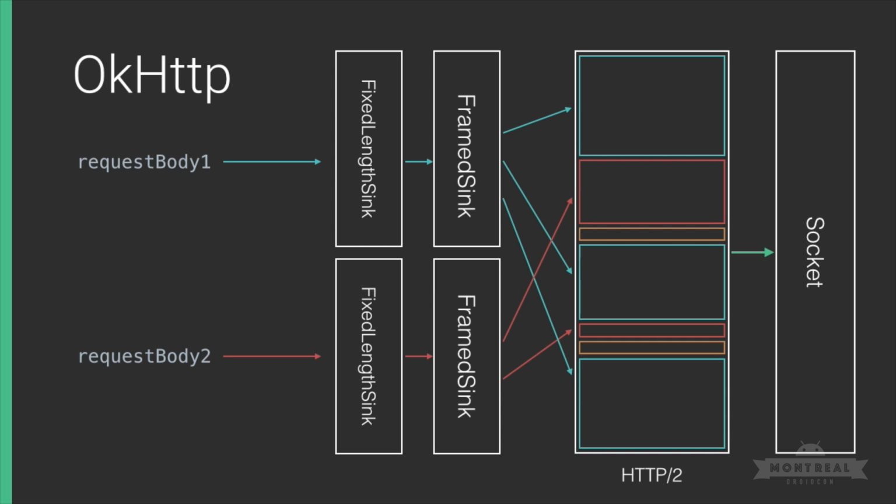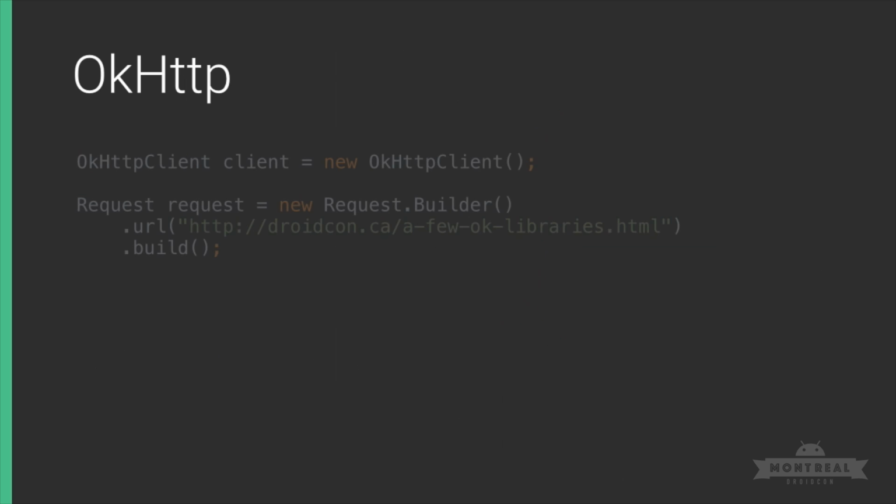So each one of these boxes would be like a segment that gets through the pipeline and written directly to the socket. And so this is reusing the same concepts as we had for HTTP 1. And again, we're adding this layer of framed syncs, but because of the mechanism of OkIO, it's extremely cheap to do so and allows us to very easily create this framed protocol on the wire.